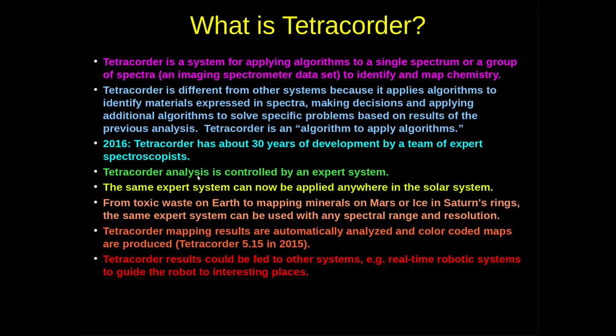So Tetracorder analysis is controlled by an expert system. This is different than an AI system, where an AI system learns on its own. An expert system is commanded by experts, in this case, spectroscopy experts who know how to do this commanding and understand the spectrum. The goal is the same expert system can be applied anywhere in the solar system.